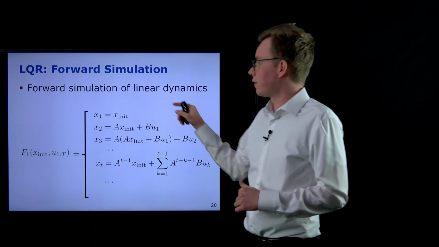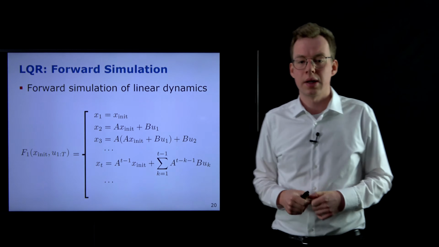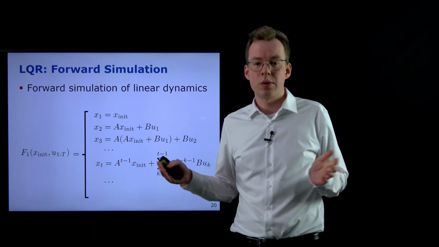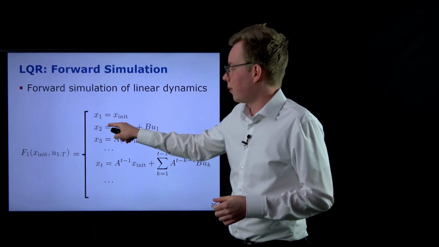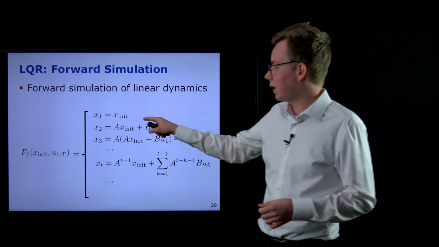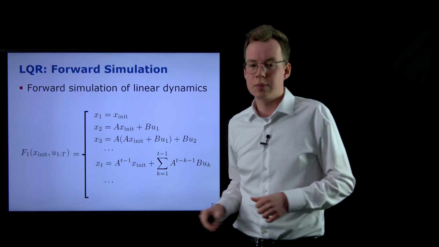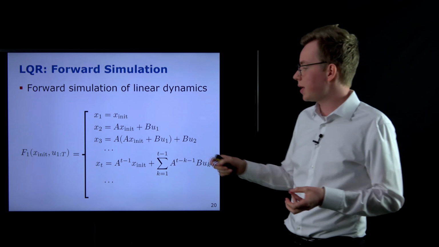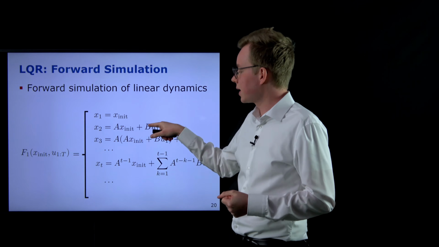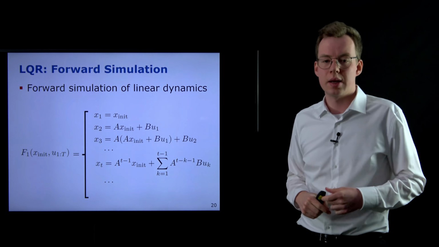So let's look at what the forward simulation idea looks like for the linear dynamics. This is exactly what we've seen earlier. For x1, we just get the initial state, and then for the later states, we can exploit this very special structure of the linear dynamics. For x2, it's just A times the initial state plus B times u1.